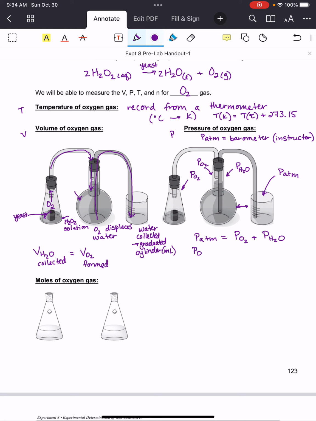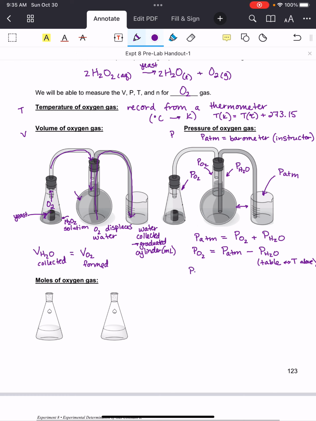If we want the partial pressure of oxygen, or just the pressure of oxygen by itself, we'll take the atmospheric pressure that we were given minus the pressure of water. We can get this from the table. You're going to use T, the temperature from step 1, and figure out what the pressure of water is at this temperature.